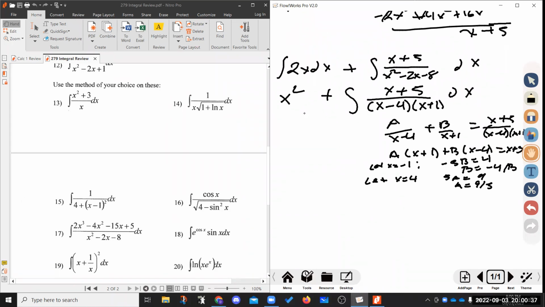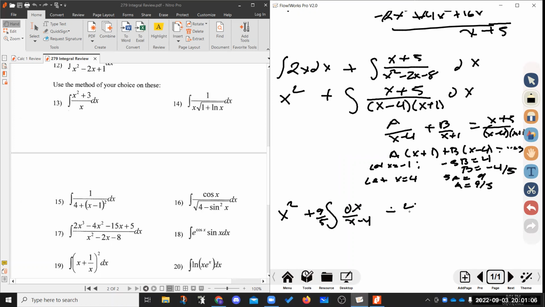So we're going to have the first part of our answer was x squared plus a is 9/5 dx over x minus 4 plus minus 4/5. What did I write a b there? Negative 4/5, like that.